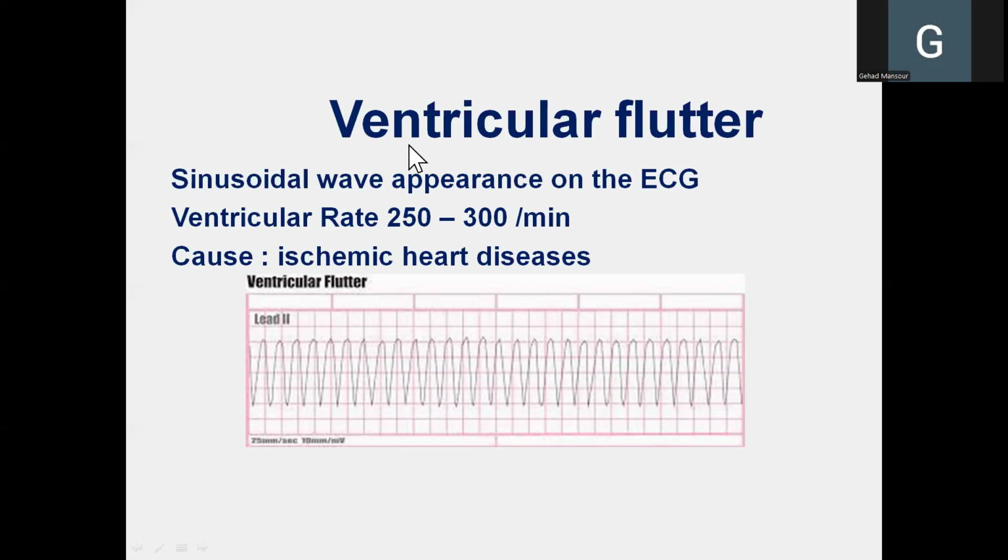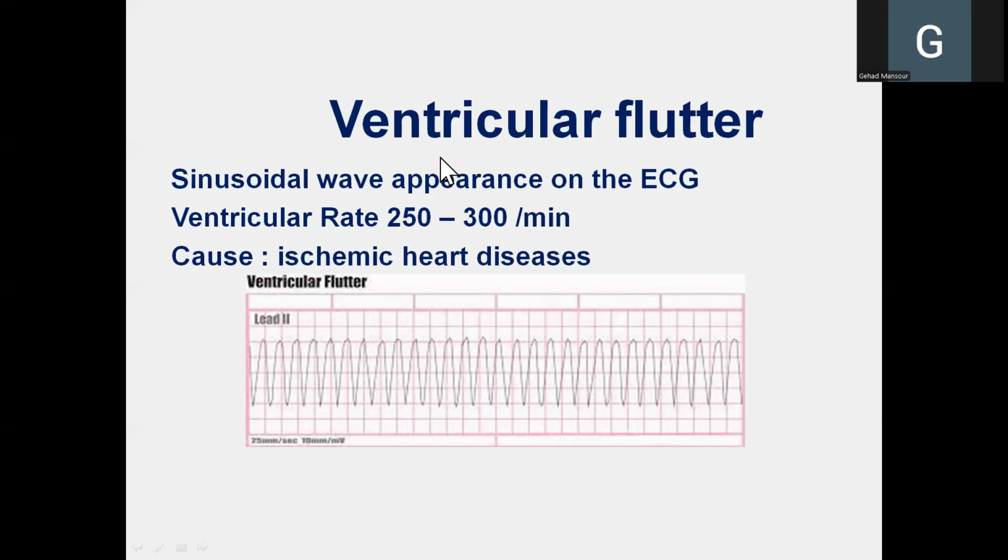What does this mean? This means that the ectopic focus is in the ventricle. As I said before, this happens only when there is a serious organic disease of the heart, like ischemia or relative insufficiency of the blood supply, and therefore of the oxygen supply to the myocardium.